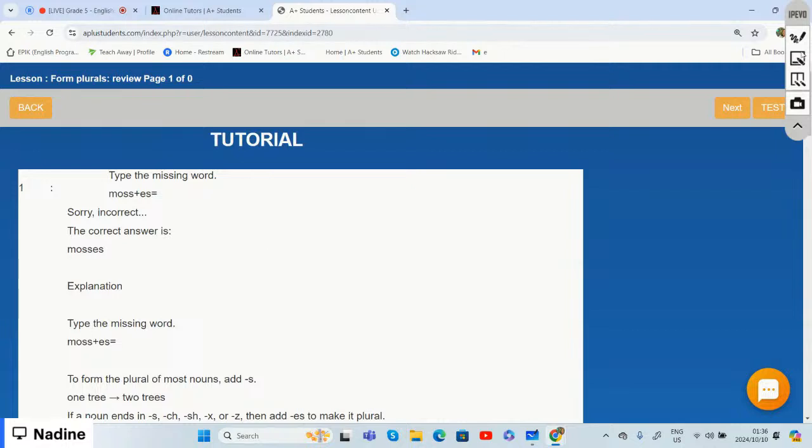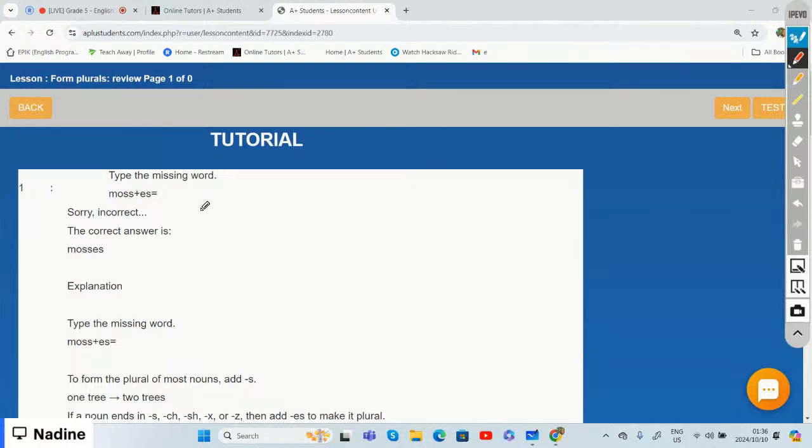And if we were to form and use, then we can say this one over here is moss plus es. So I don't know if it's mosses or not, because that is basically if we add es to it. So mosses. I don't know what mosses is, but mosses it is.